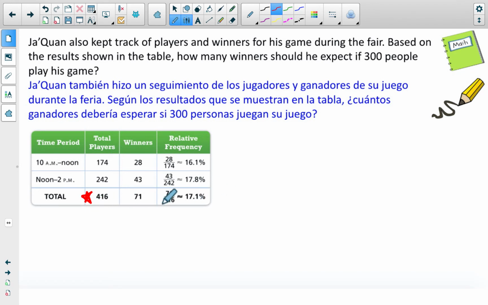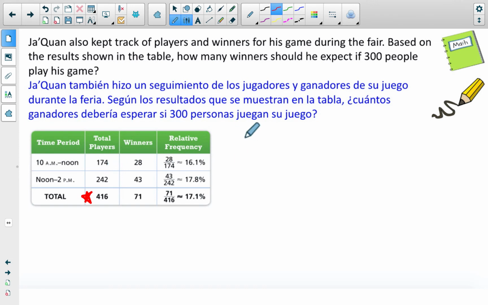You don't want to use the top row because you'll get a prediction, but because this only counts for 174 people, it's going to be less accurate. All right? The more people you deal with, the more times that game is played, the more accurate representation.